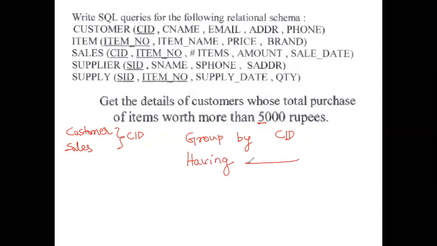So in the having clause, we will write the sum of amount should be greater than 5000. So joining these two tables and putting this will get us the required information.